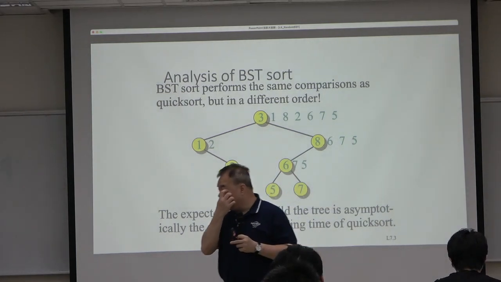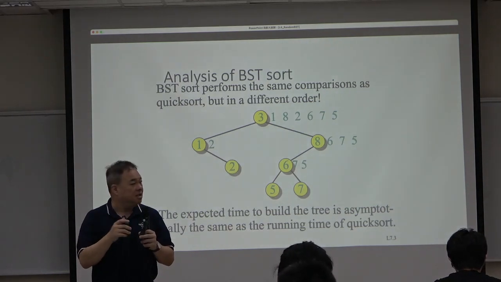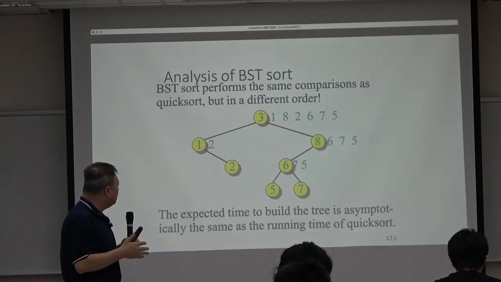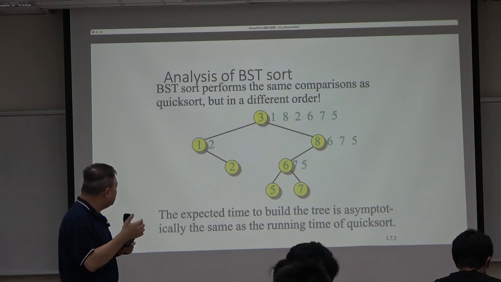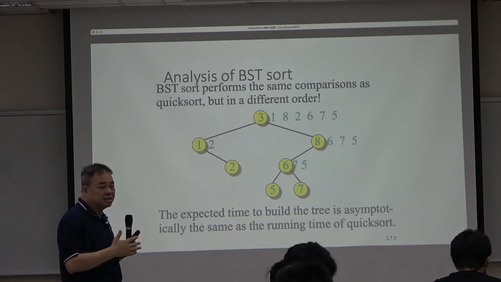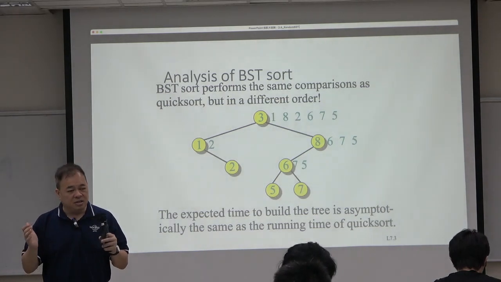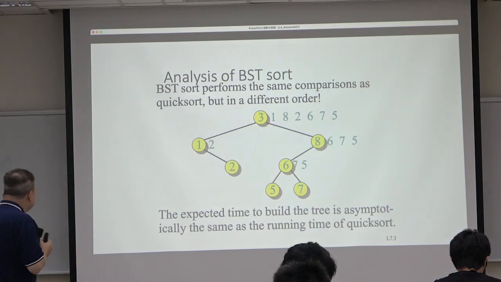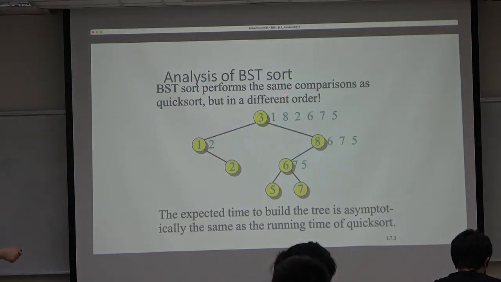And then in the last few insertions, you decide 7 should appear on the right hand side of 6, and the 5 should appear on the left hand side of 6. 这个跟那个 quick sort 也是一样的，对不对？所以说其实，basically binary search tree sort, or binary search tree insertion, basically performs the same comparisons as quick sort, but in different order.